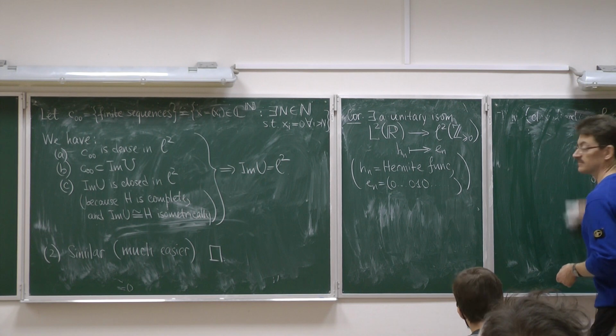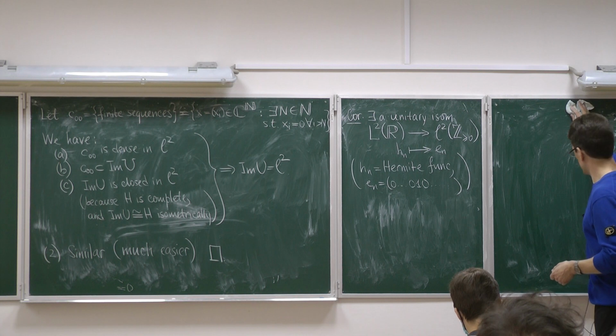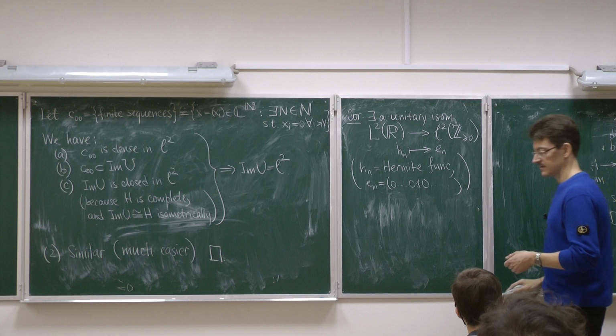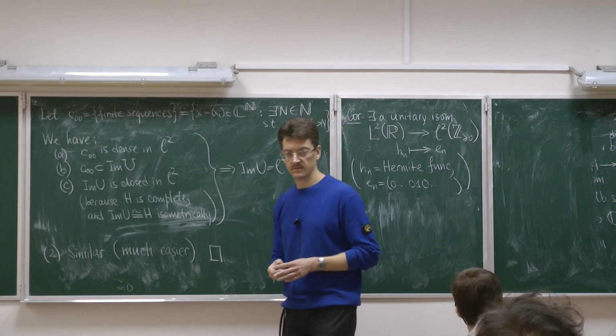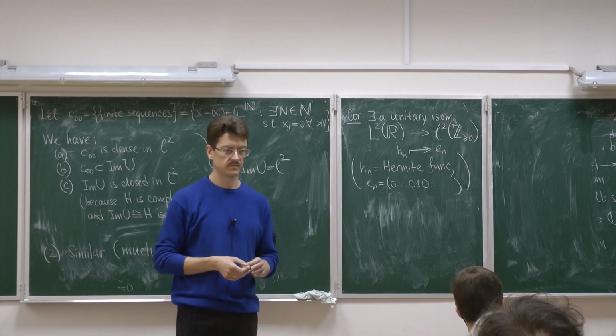Can I have a question about measure spaces? We can have L2 on any measure space. Can we have some good criteria for this L2 to be separable?